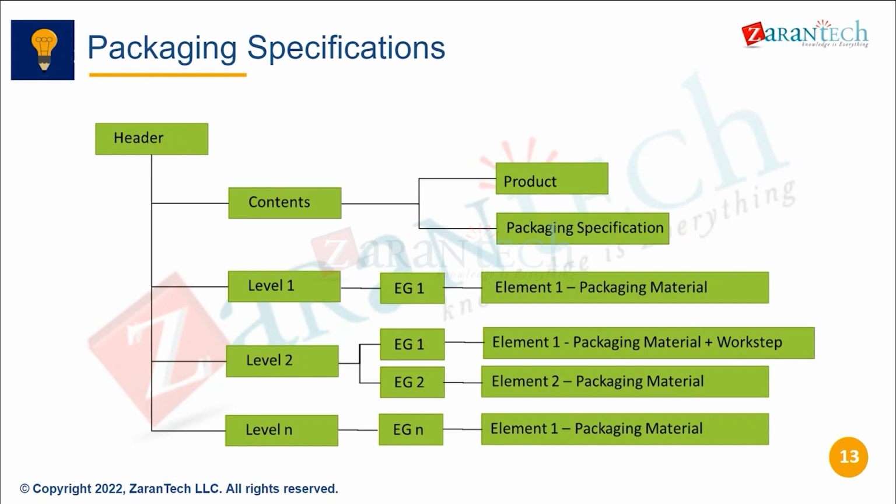Okay, so this is the packaging specifications. As I told you, if we need to handle the product such that you get the products in some base unit, like pieces or kilograms or inches, those products cannot be put loose into the storage bins directly. You need to put them in a proper manner.